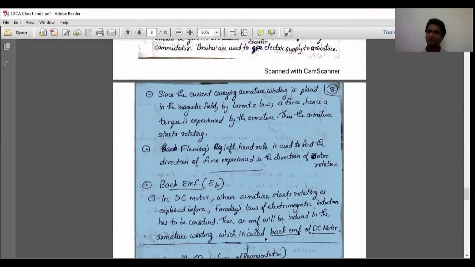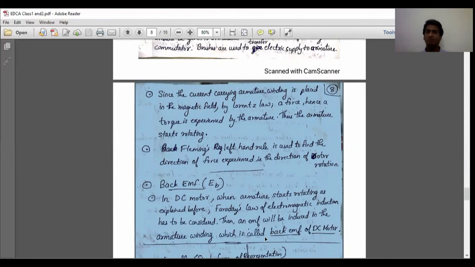But in armature, there are armature windings, and whenever armature is rotating in a magnetic field, then an EMF will be induced in that conductor. Since the armature is rotating in the main magnetic field, an EMF has to be induced in that armature winding.